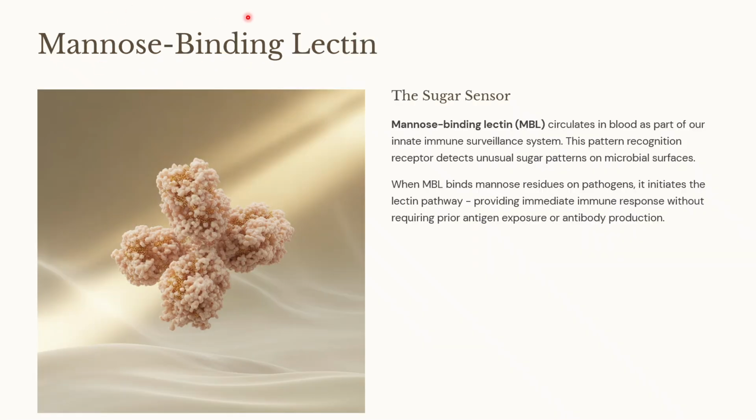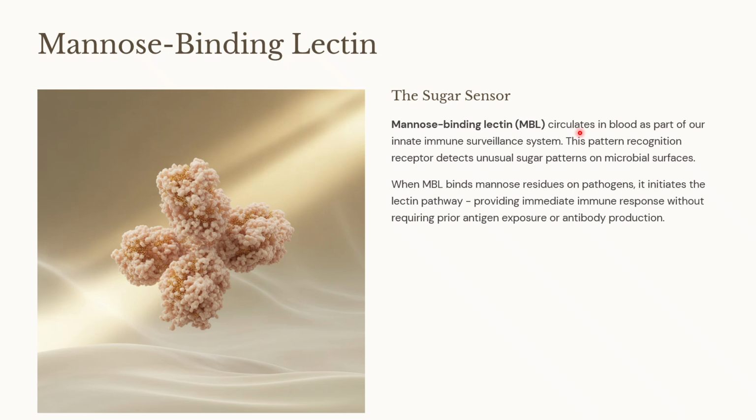The mannose binding lectin is another pathway. The mannose binding lectin is a part of the innate immunity which circulates in the blood. It is a pattern recognition receptor.